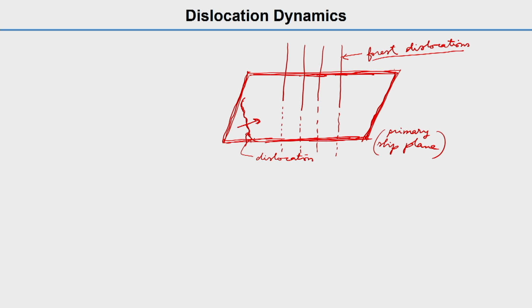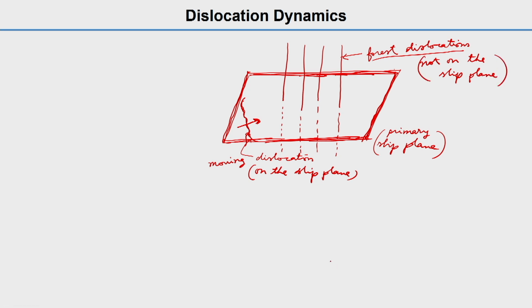So this dislocation which is on the slip plane is the moving dislocation, and these are not on the slip plane. That means it is crossing the slip plane at some points.